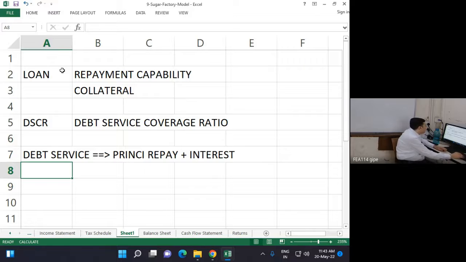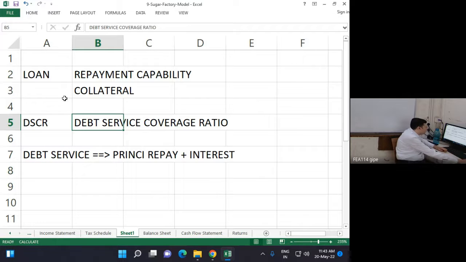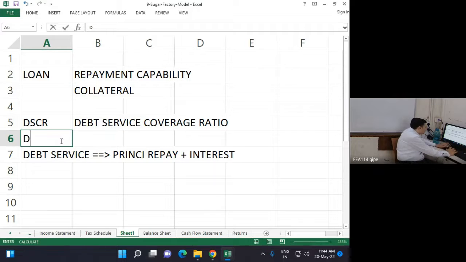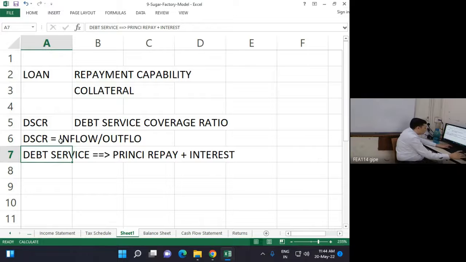Now, the debt service coverage ratio primarily means this: how much debt service do you have to do in a given year, and coverage, that means how many times more money do you have than the amount required to service it. So obviously, if you look at DSCR, it is going to be an inflow upon outflow formula.